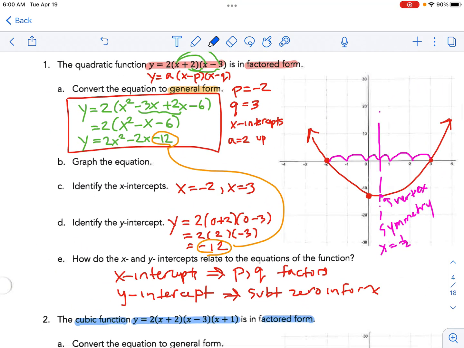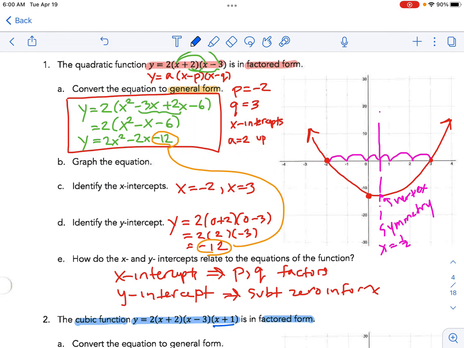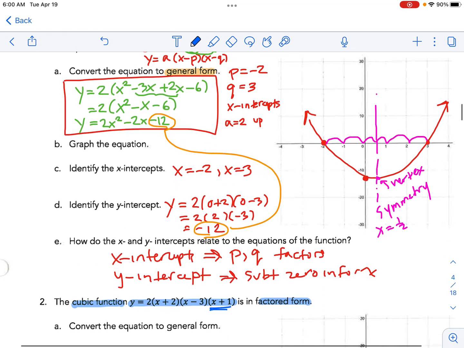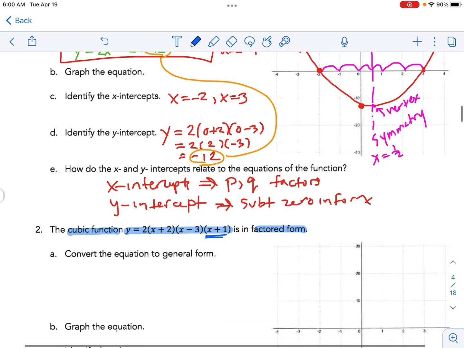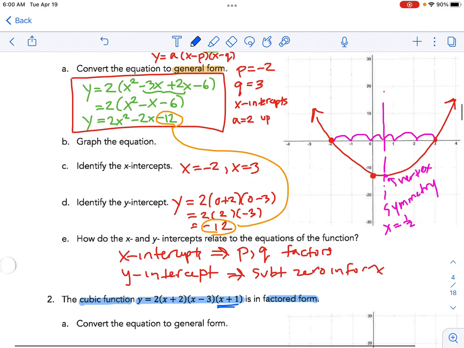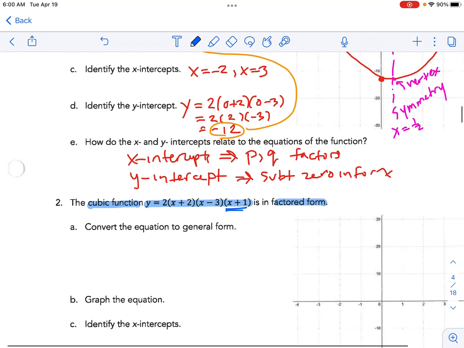Before we jump into anything, you notice it's exactly what we had above, and then we added a third factor of x plus 1. So we're going to expand this factored form expression.